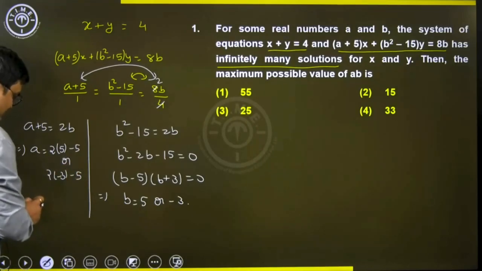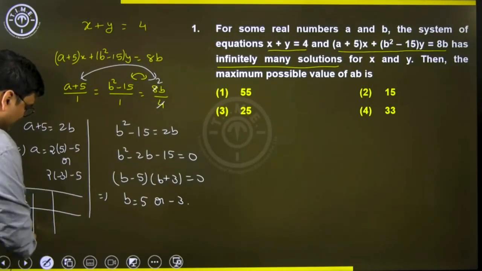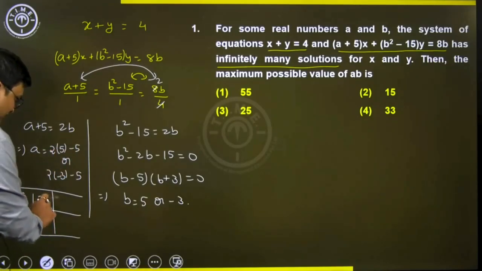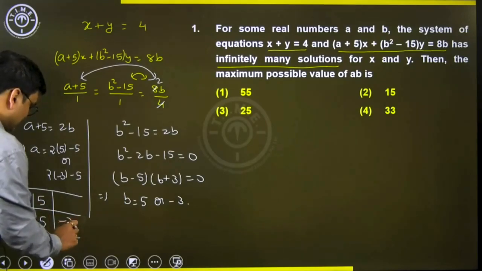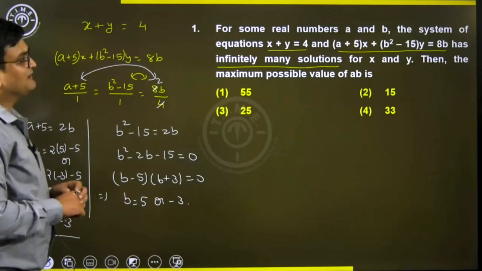So when b is 5, a will also turn out to be 5, and when b is minus 3, a will be minus 6 minus 5, which is minus 11.